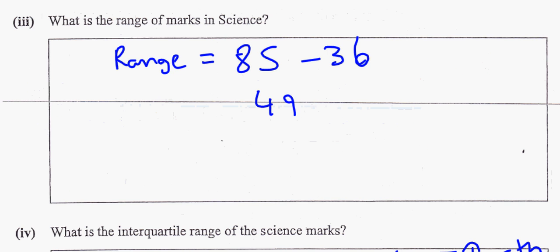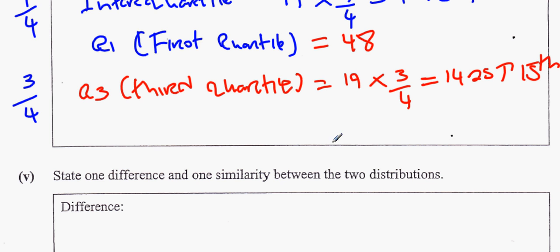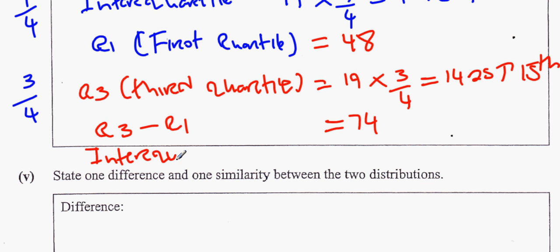He or she is on 74. So what we write down is 74. The interquartile range is Q3 minus Q1, so it's 74 minus 48, which is 26.